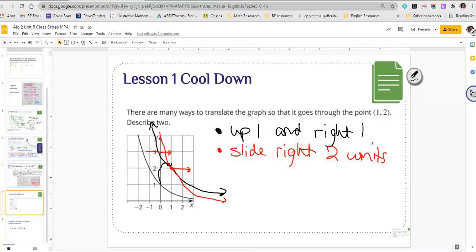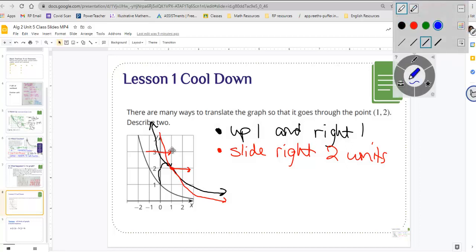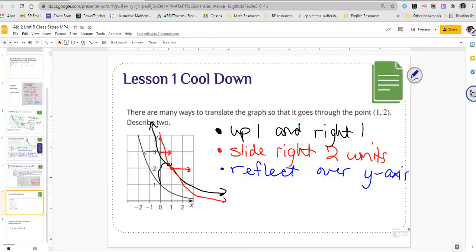And another student came up with the idea that we could reflect it over the y-axis. It's a perfect way to describe it, because I would take our graph here and reflect it so that this point gets reflected over here. Every single point would get reflected. And so we'd end up with a graph that looks kind of like this. So we could have something that reflects it over the y-axis.